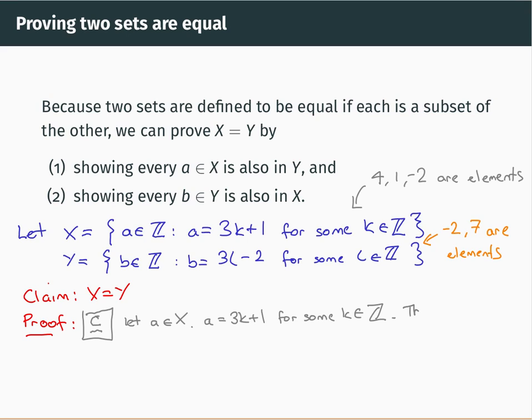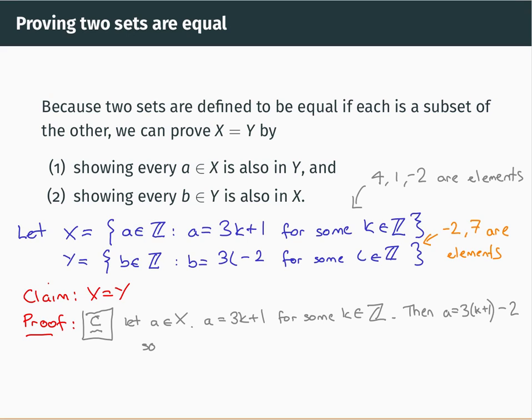Well, that's easy because A is also equal to 3 times (k plus 1), minus 2. If you expand that, you get 3k plus 3 minus 2, which is 3k plus 1.